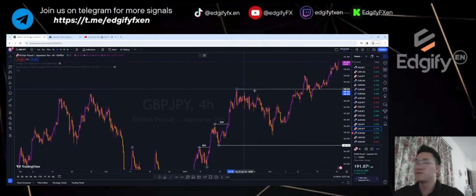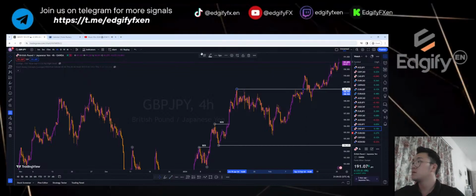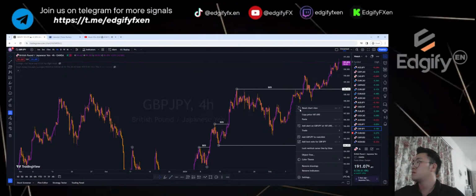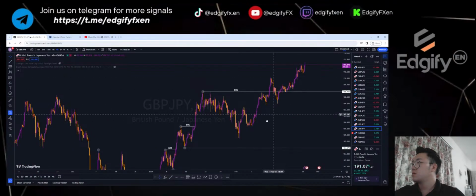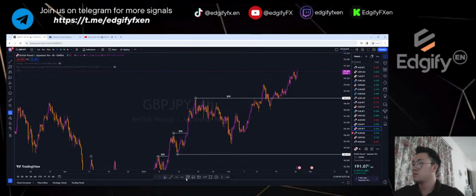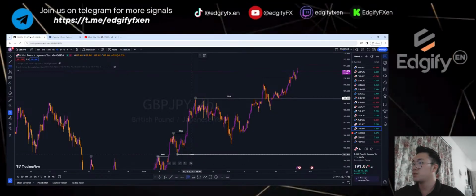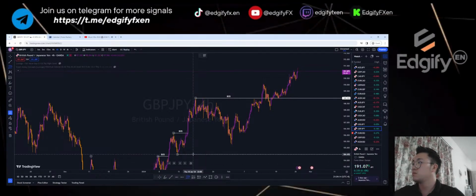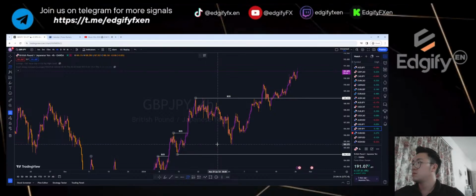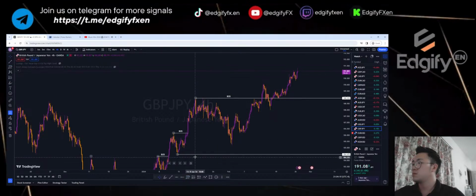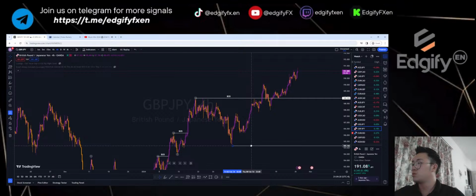Then we have a bigger break of structure here, which, if we look closely at this level, will be our new low.